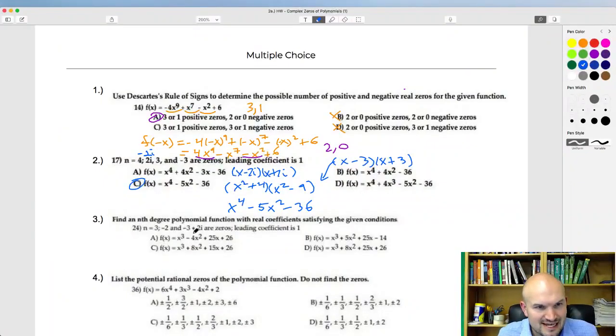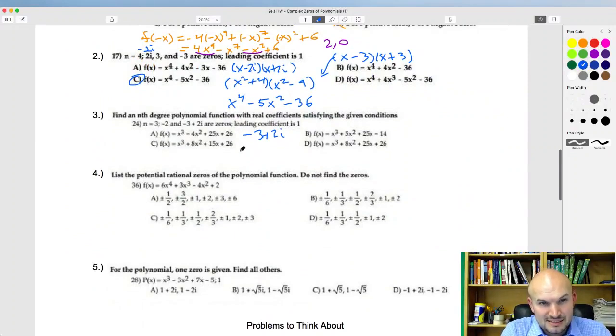The next one is find the nth degree polynomial with the collider coefficients of negative 2 and 3. So again, we got to do that. If negative 3 plus 2i, guys, is a 0, then that means negative 3 minus 2i is a 0, right? So these are your 2 zeros with negative 2.